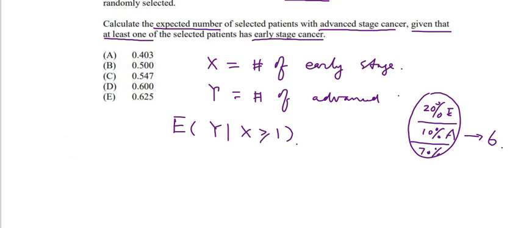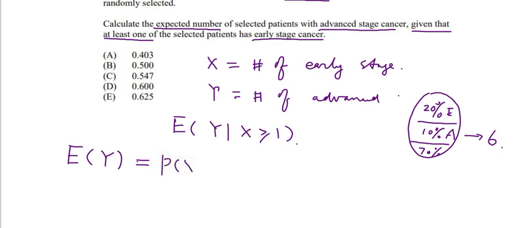Let's say how about E[y]. For E[y] we have this formula, and we have two cases for x: x equals 0, or x at least 1.